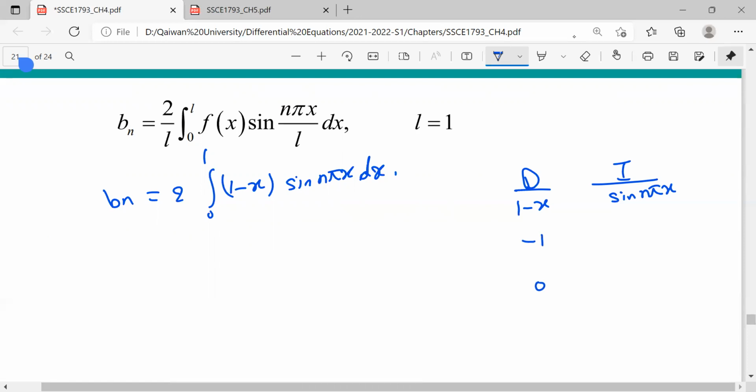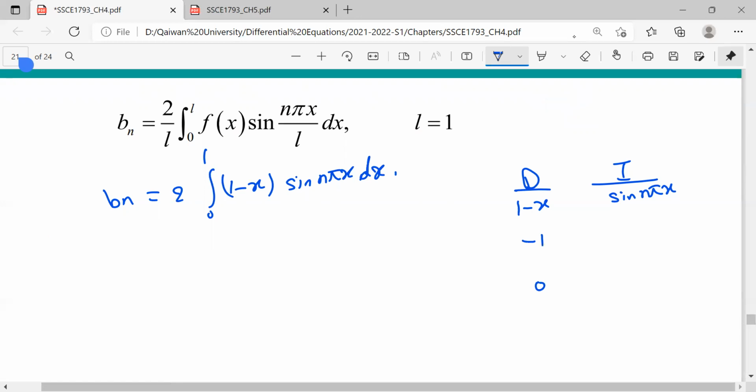Now we take two integrations of sine. The integration of sine is negative cosine. Look, this is sine n pi x. It's the same as sine 3x, where this 3 represents n pi. n pi is a constant.